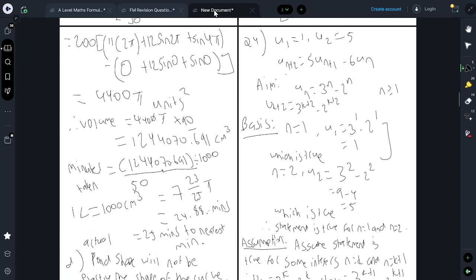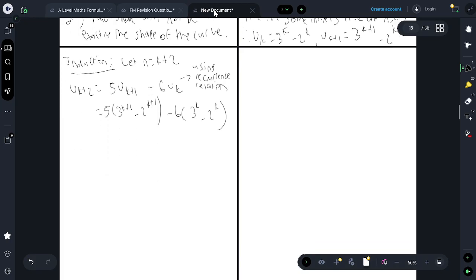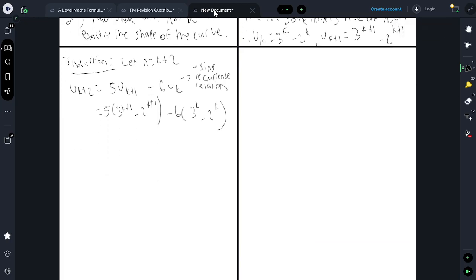So we're going to need to manipulate some indices here. I think it's best, perhaps, to get everything in terms of 3 to the k or 2 to the k, because then we can compare them. So that's going to be 5 lots of 3 to the k. So we can bring a 3 out and a 2 out.